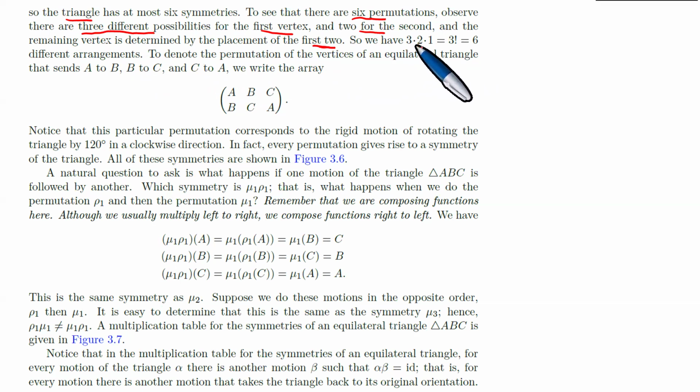So in other words, there are 3 times 2 times 1, which is 3 factorial, which is 6. Anyhow, different arrangements. We're going to spend a bit more time on this.